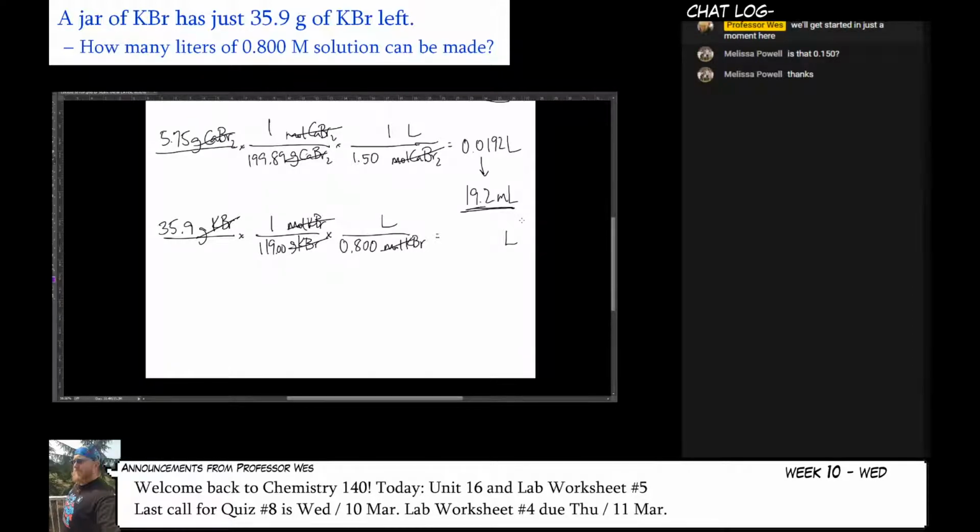So that would be the most volume I could make out of this, which would be 0.377 liters, or 377 milliliters. So if I needed a 0.8 molar solution, I could make, at most, 377 milliliters if I used all of it.